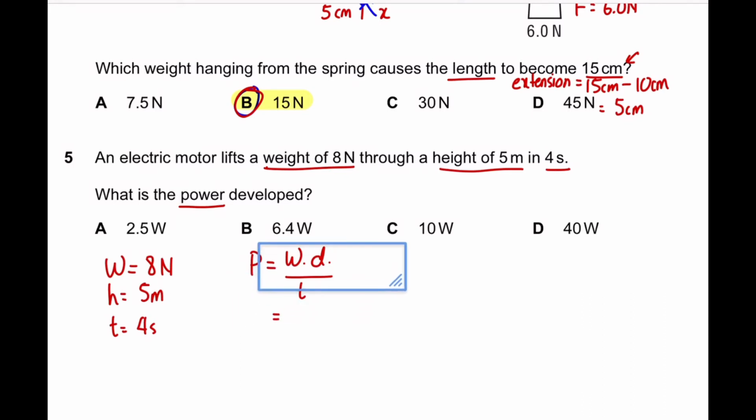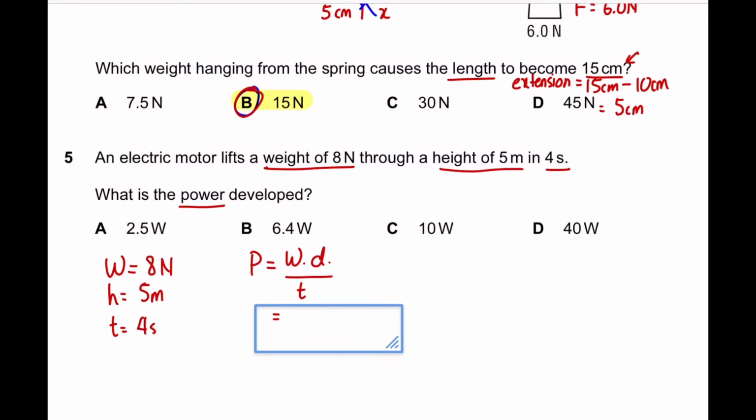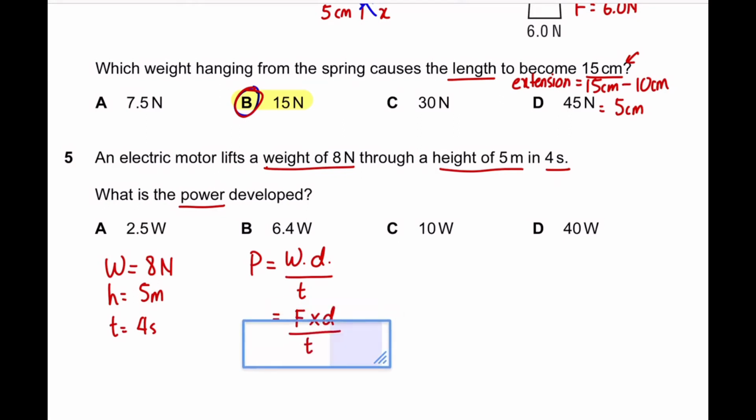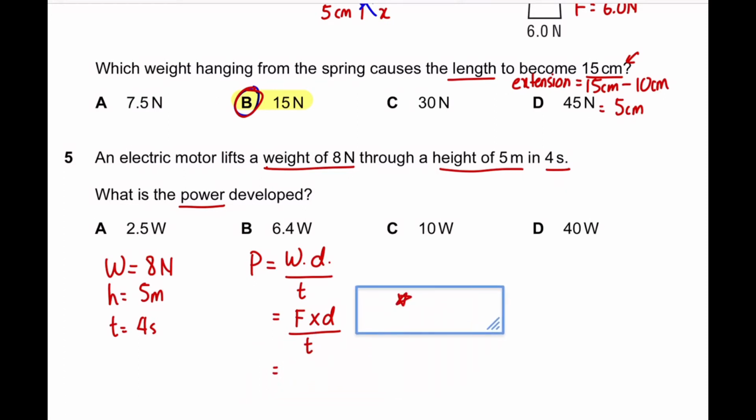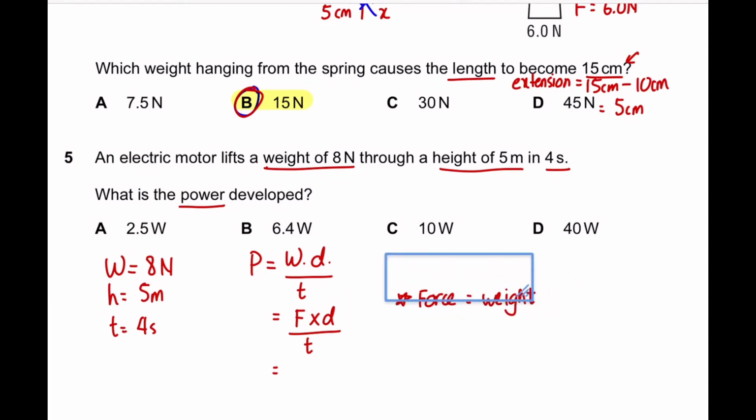Work done, as we know, can be broken down into two factors, which is force times distance. And again, divide by time. Don't forget that. Force in this case is the weight, as both of them share the same unit.